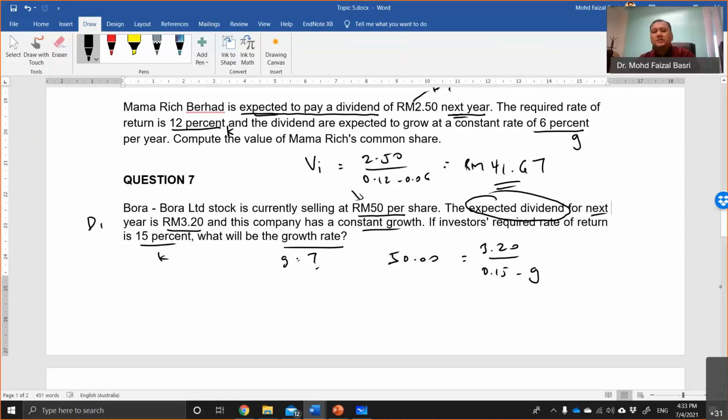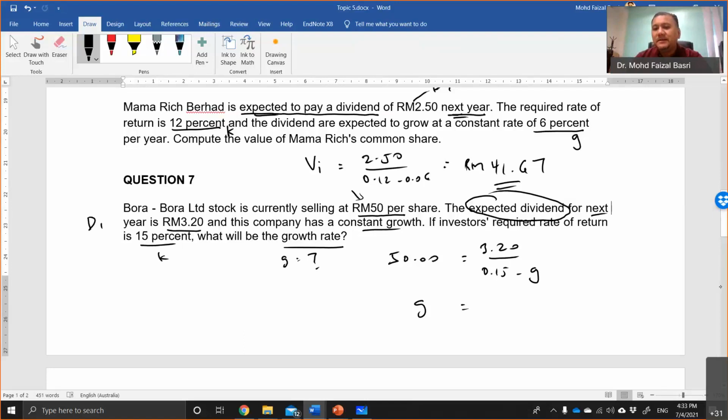So what would be the G? Since G is growth rate, our answer should be in percentage. Mathematically, you know how to solve, right?